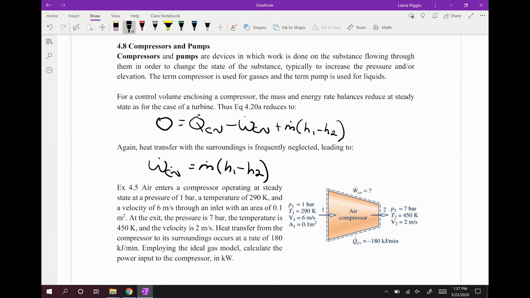So we get our work is equal to our mass flow rate times the change in enthalpy. This is not 100% true for pumps, since pumps are used to increase the elevation. So pumps often have changes in potential energy remaining in their energy balance.